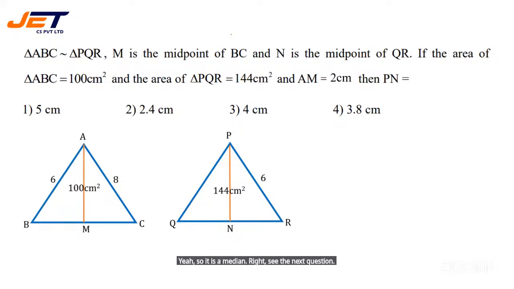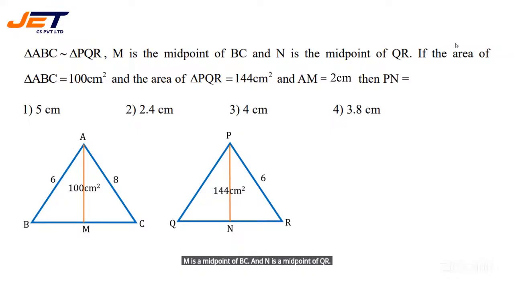If triangle ABC is similar to triangle PQR, M is a midpoint of BC and N is a midpoint of QR.